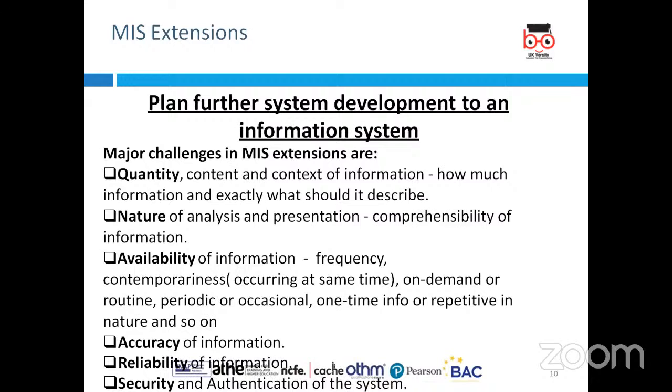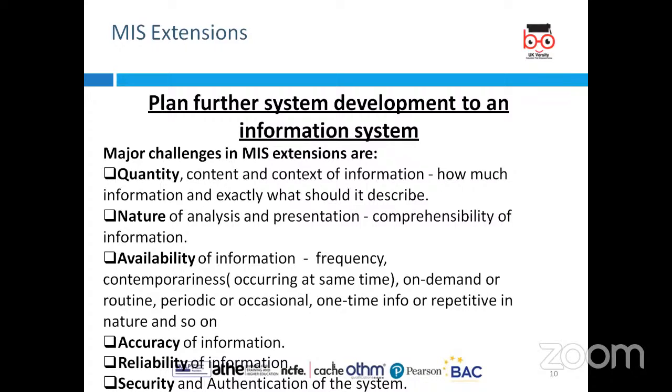Now that we've covered the major improvements, we can look into what could be MIS extensions, which are further planned systems development to an information system. The further development that we could integrate could be related to quality, where we look at our content of information: how much information and exactly what should it describe.